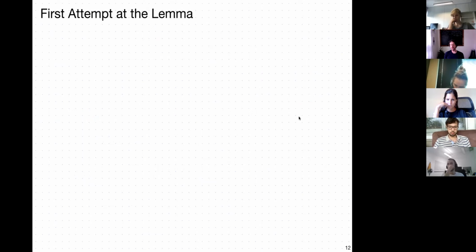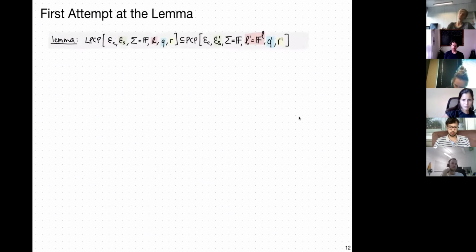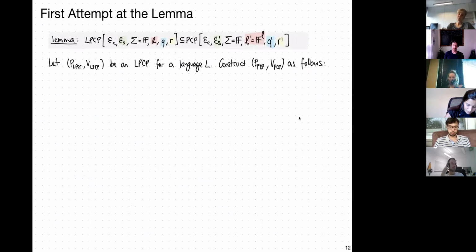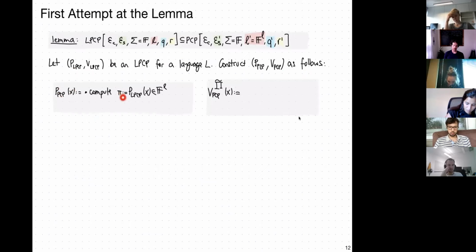The first attempt to prove this lemma is the completely naive thing. We start with some linear PCP and we want to construct a real PCP. Here's what we can do. What would be the proof string? Just compute the proof string for the linear PCP and provide an evaluation of it at all linear combinations.